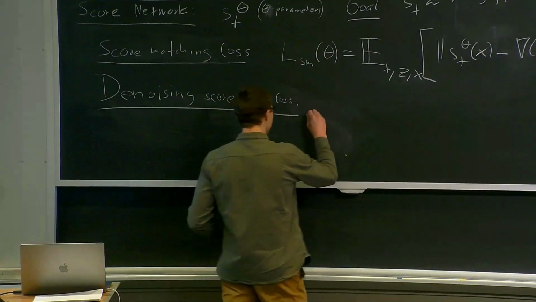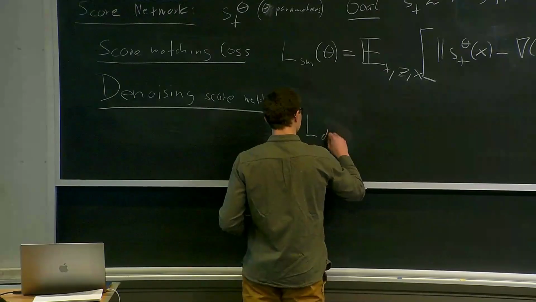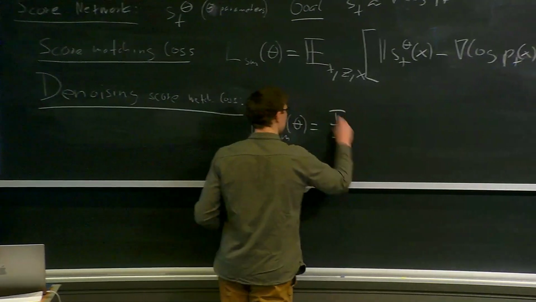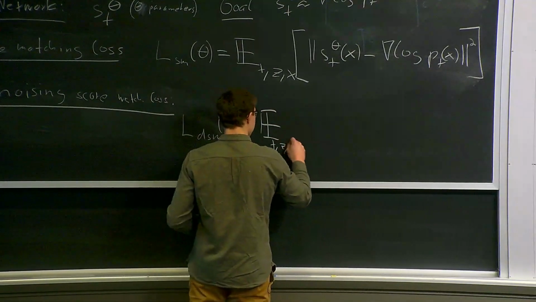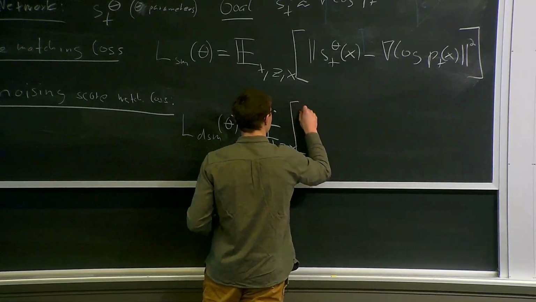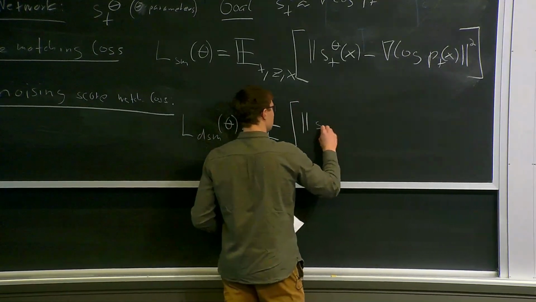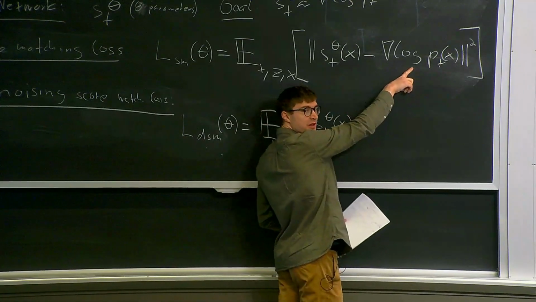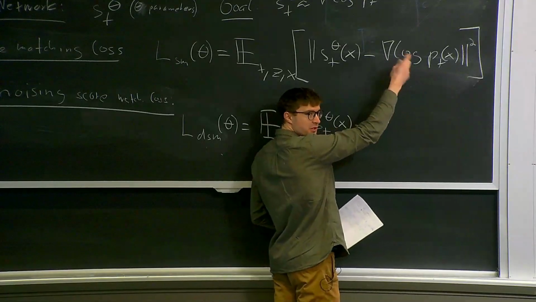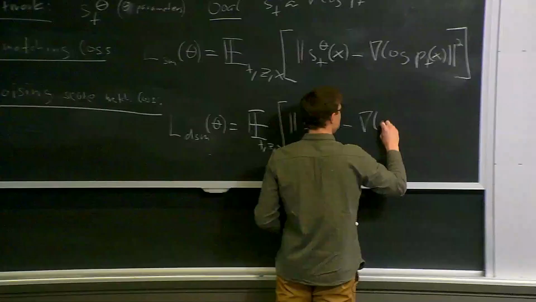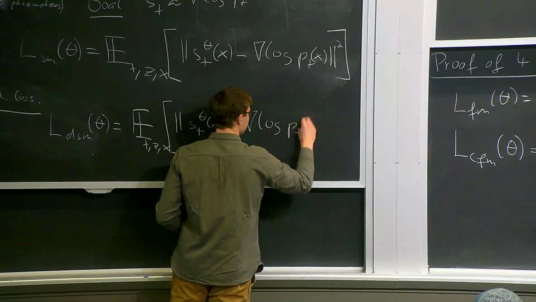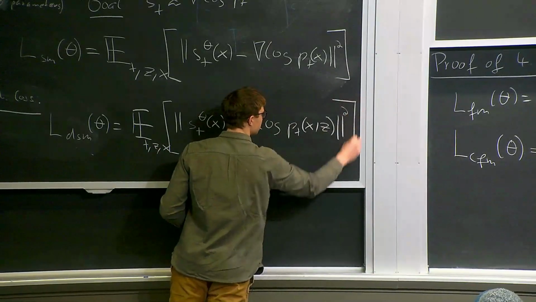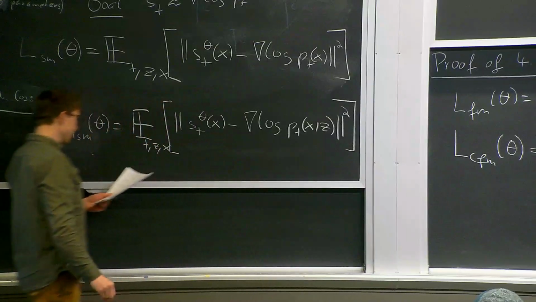And I'm going to write down now the exact same thing, but replacing, what do I replace this with? Replacing it with the corresponding conditional object, which is the conditional score. Why is that tractable? Because we know the conditional score analytically.